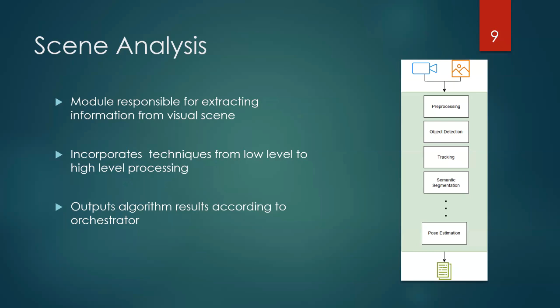The idea of this module is that everything that is processing visual data will be implemented within this module. And the output of this module will be the unified output of those algorithms, according to the rules.